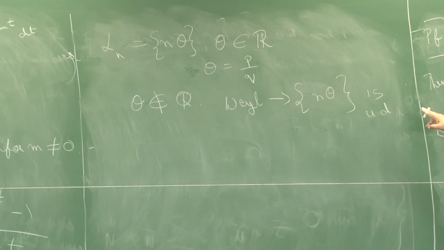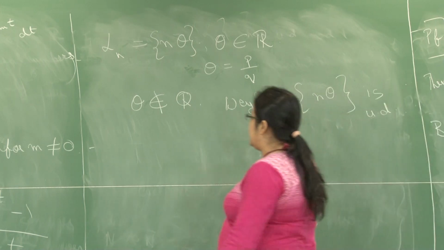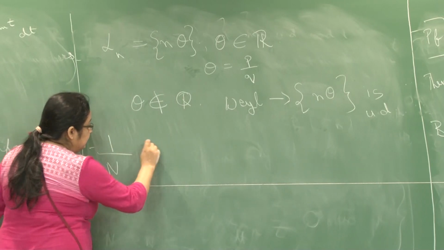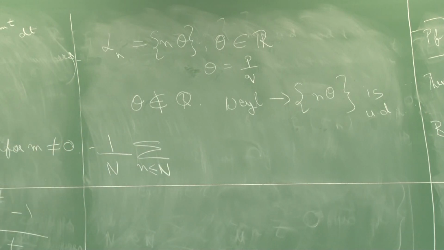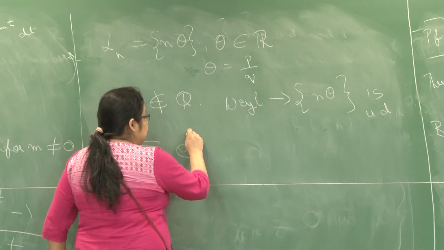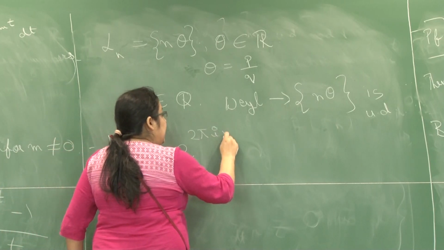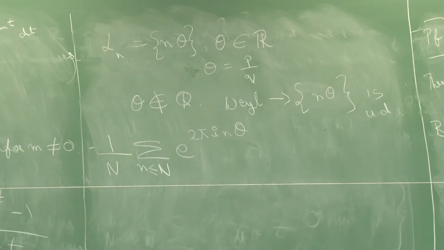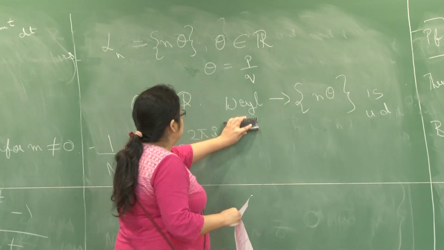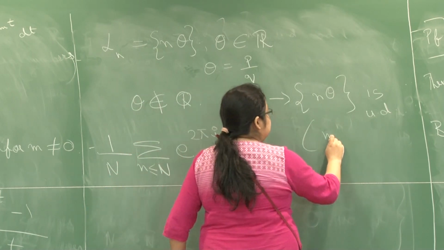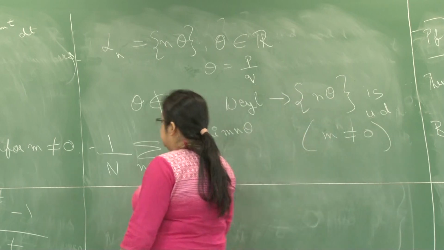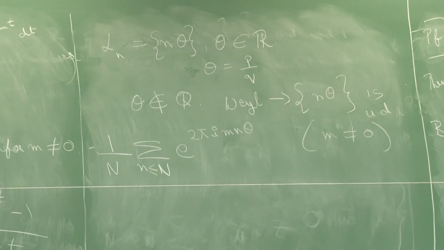If you want to apply Weyl's theorem to study this, you have to study the sum 1 over capital N times the summation n up to capital N, of e raised to the 2 pi i n theta. It is this exponential sum that we have to study, and in fact e raised to the 2 pi i m times n theta, where m is some non-zero integer, and we want to figure out what this converges to as capital N goes to infinity.